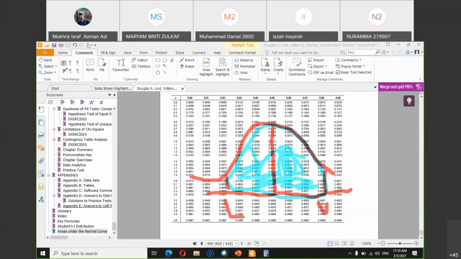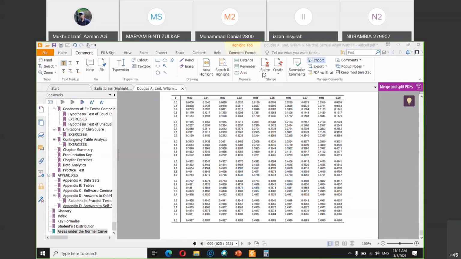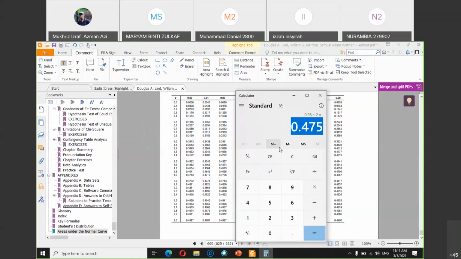So the next step is just to cut or divide into half. So 0.99 divided by 2, and this value you're going to refer to the table, find the nearest one to half of the 0.99. So 0.99 divided by 2, you get 0.495.